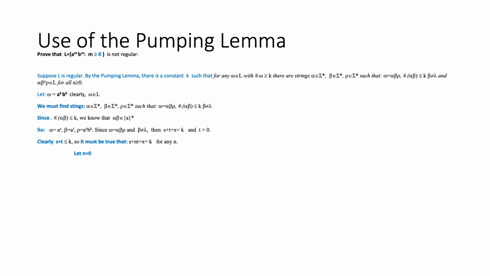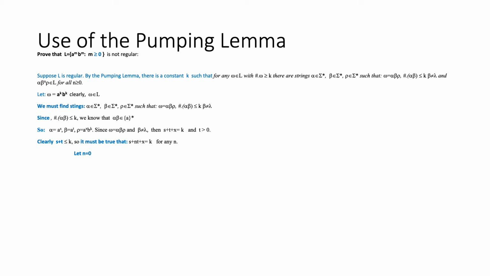And if we have that, then we need to show that alpha, beta repeated some number of times, rho, is not in the language, to show that the language is not regular.